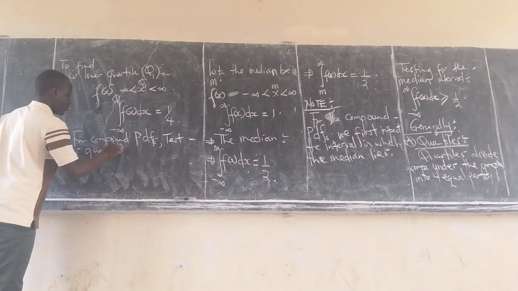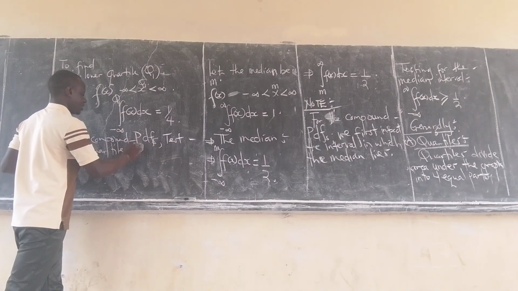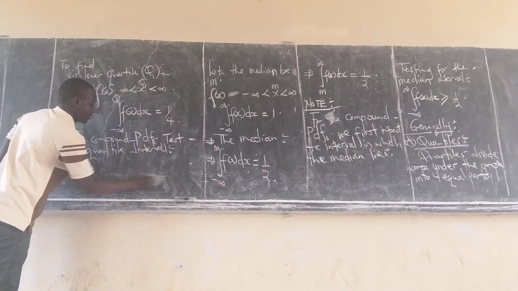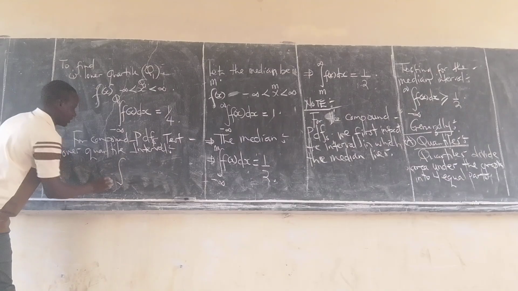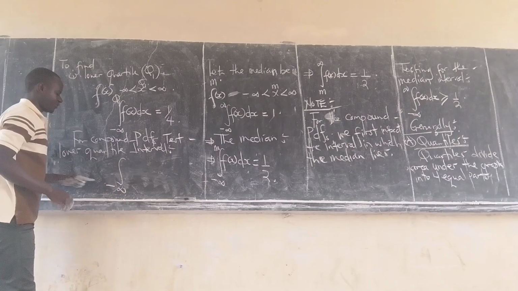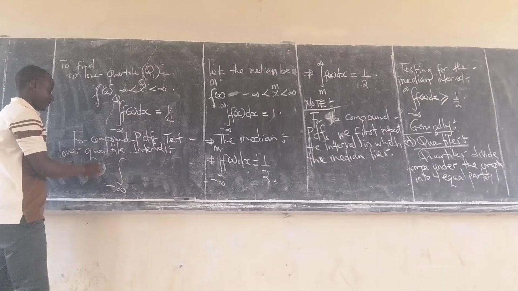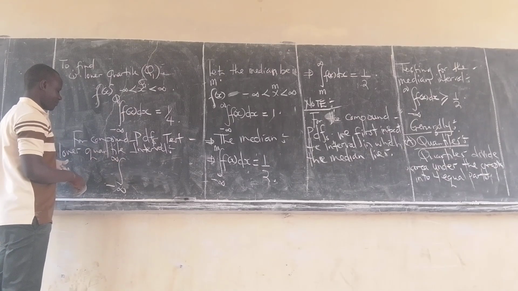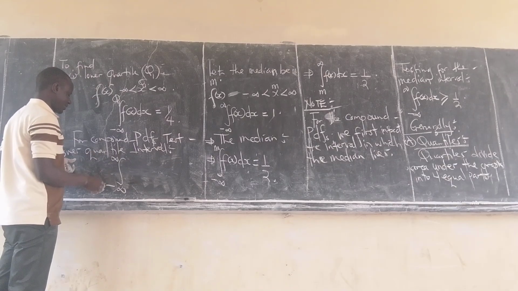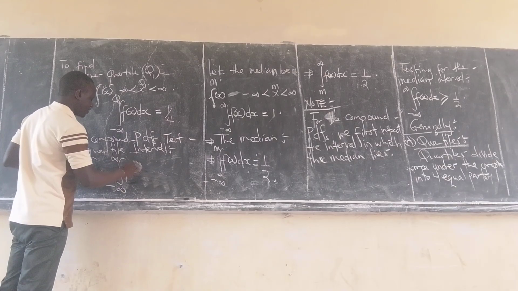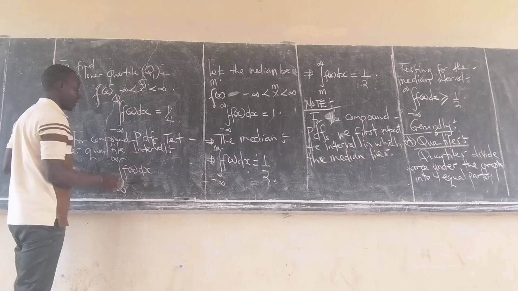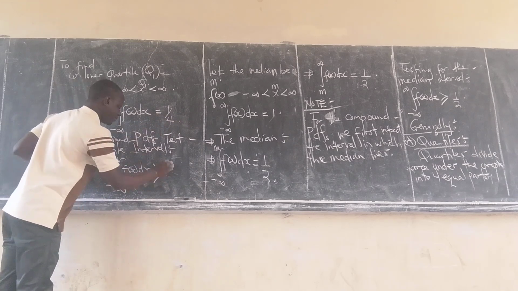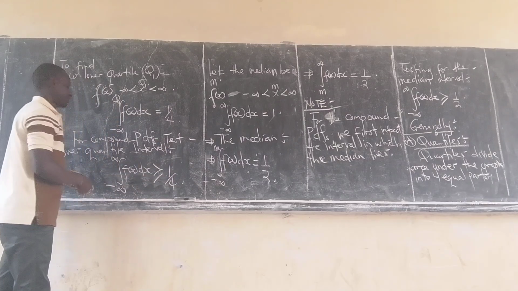You first test the lower quartile interval, and that is going to be the interval such that when you integrate the PDF small f of x with respect to x over that interval, the answer should be at least that probability, which is a quarter.